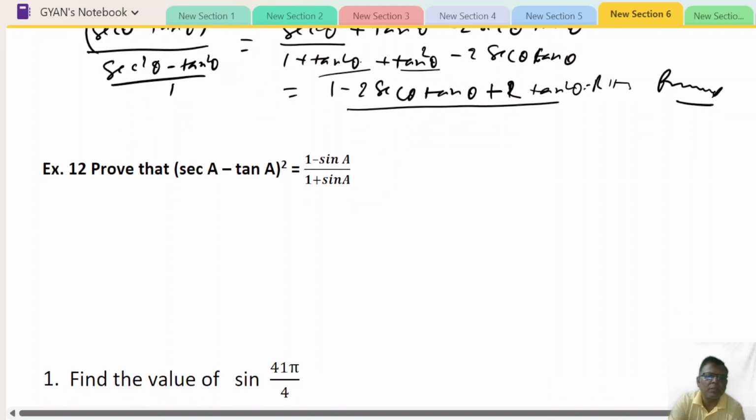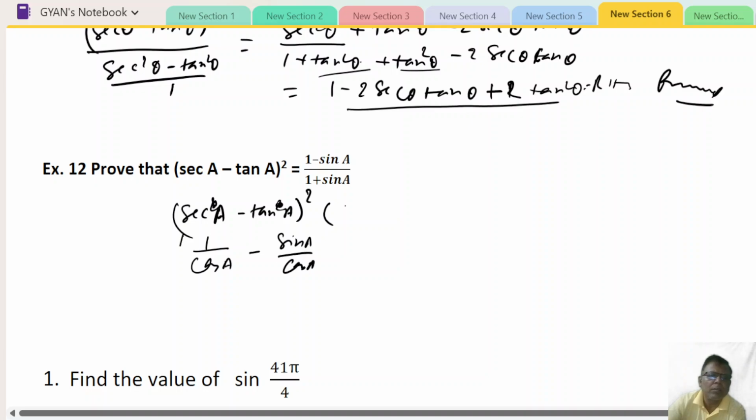To prove this one, how will you prove that? Do the same thing. Sec A minus tan A, the whole square. So then you multiply, or just divide. That is not an issue. So here what you can write is 1 by cos A minus sin A by cos A, the whole square.